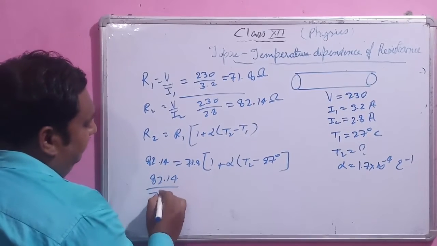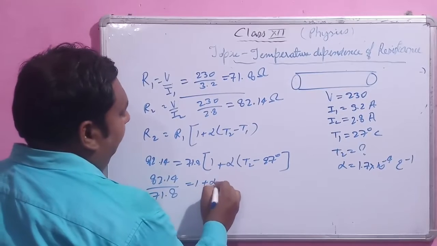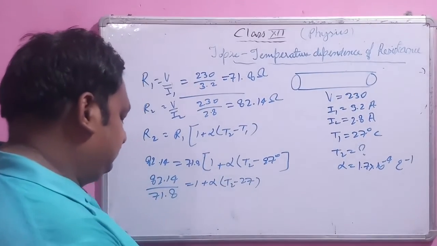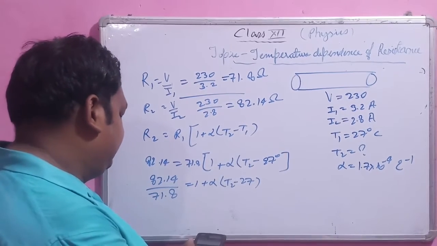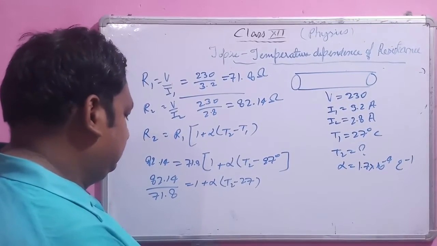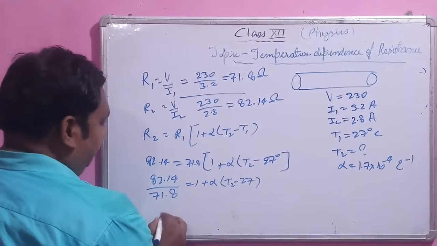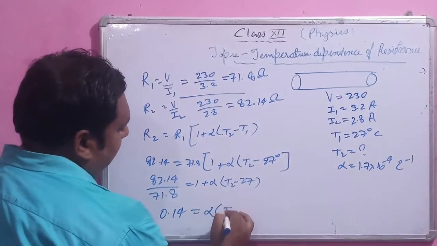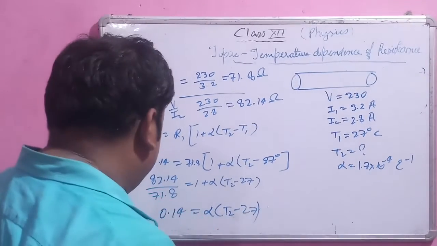So 82.14 divided by 71.8 equal to 1 plus alpha (T2 minus 27). So 82.14 divided by 71.8 minus 1, after transferring, finally this is 0.14 equal to alpha (T2 minus 27). Now the rest is calculation.